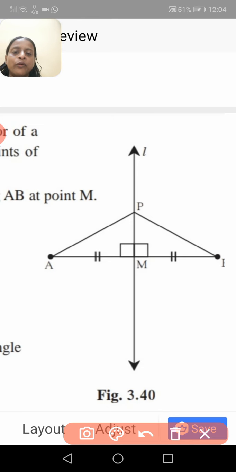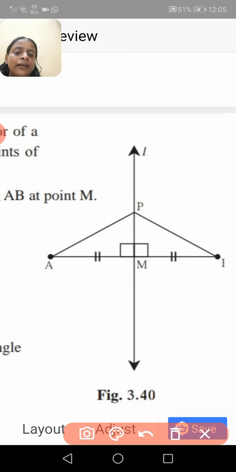So we are proving the two triangles are congruent, not equal, actually they are congruent. How? The 90 degree angle is given, these two line segments AM and BM are equal, that is also given by the markings, and PM is common to both triangles.